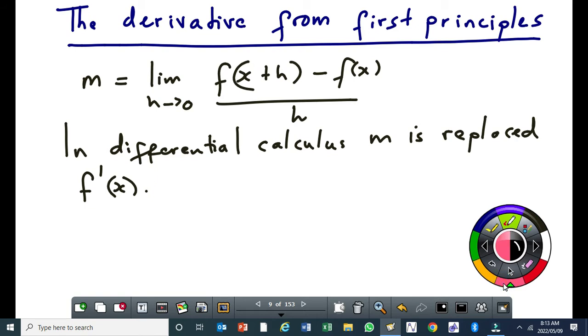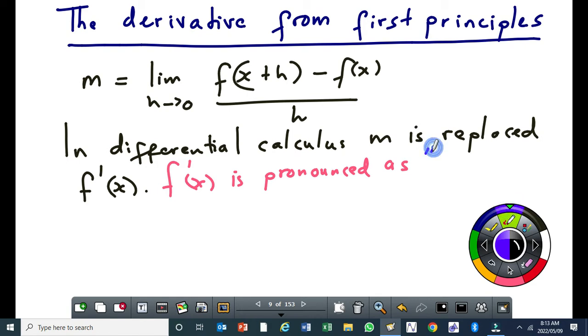Now, f prime of x is pronounced as f prime of x. So when you pronounce this notation, it's function notation for gradient.